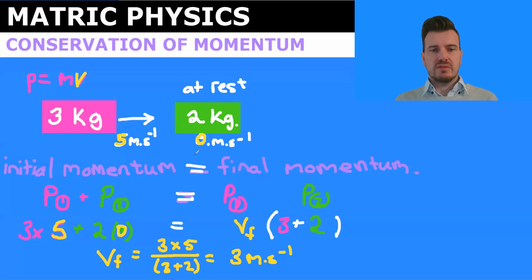So what you could have is you could have them saying that the first object, the 3 kgs, slows down to 2 meters per second. What is the velocity of the second object?